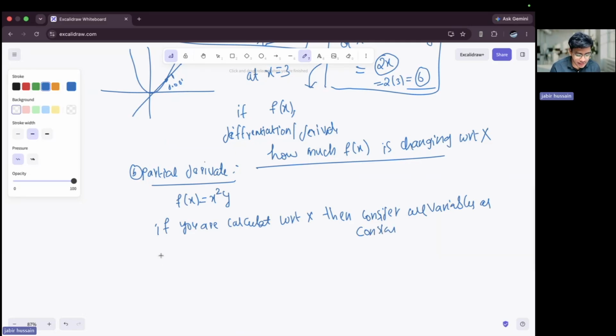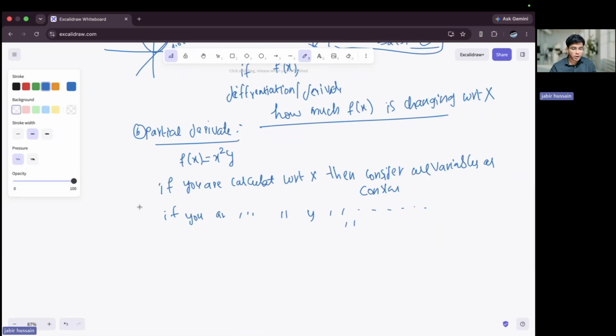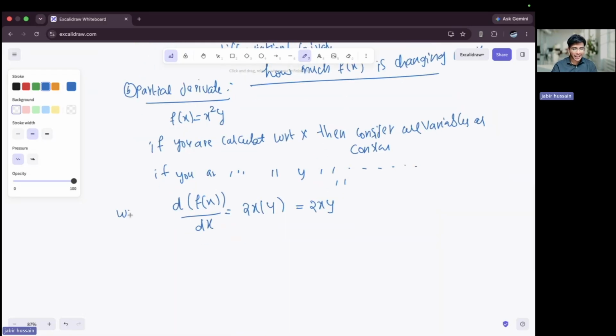Similarly, if you are calculating with respect to y, then consider all the variables except y as constants. This is the definition of partial derivative. And how do we calculate it? If we are calculating differentiation with respect to x, then d f by dx will give you 2x multiplied by y, so 2xy. This is with respect to x.